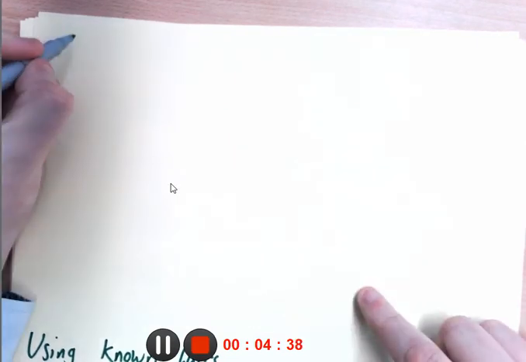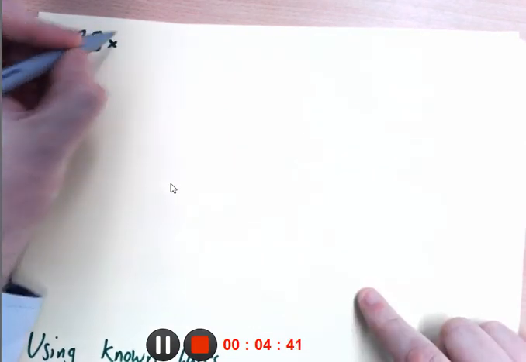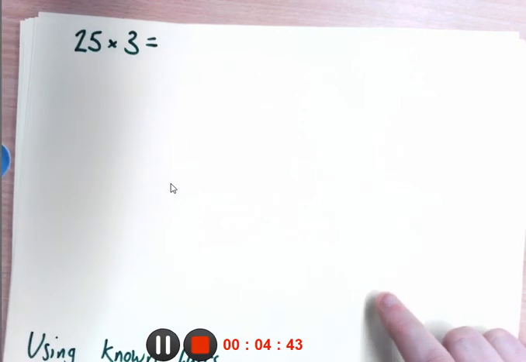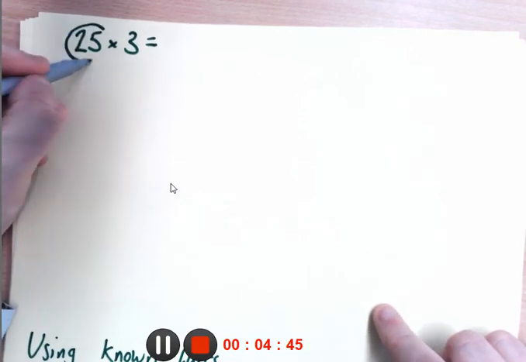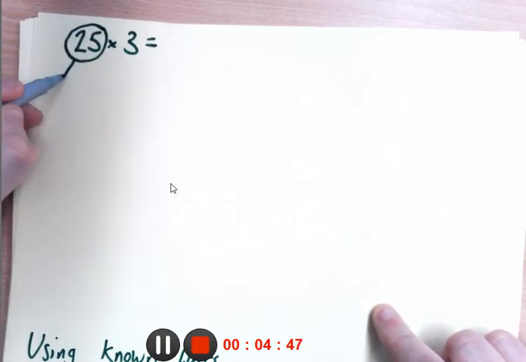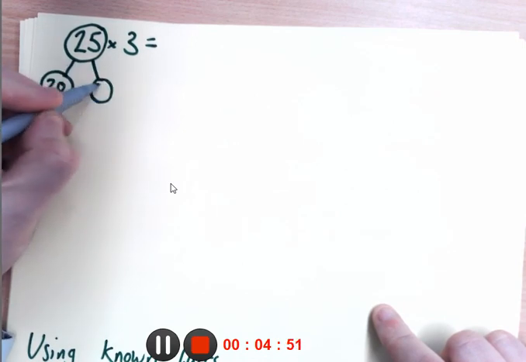And then the third stage, we're going to use our known facts. So we're going to do 25 times 3 again, here. Again, the first step is partitioning the 25. So we split that 25 into those tens and ones.